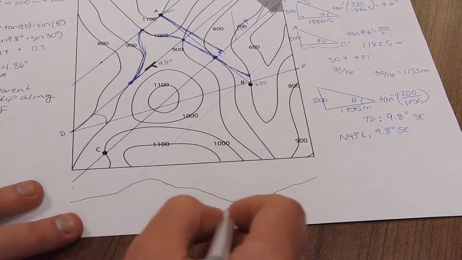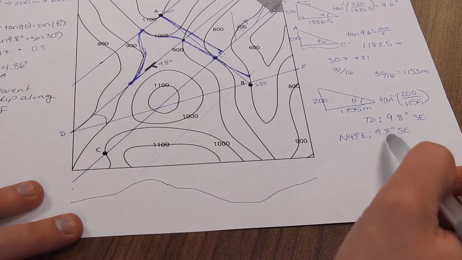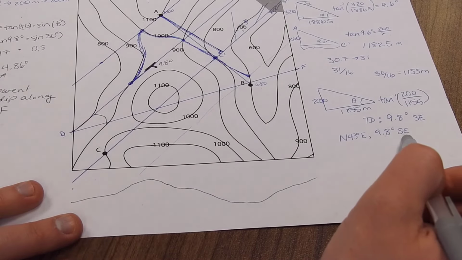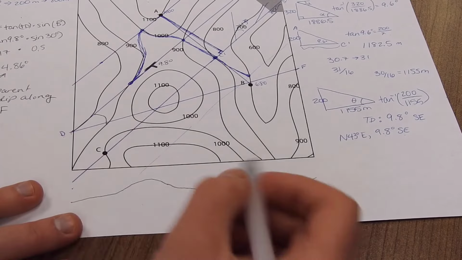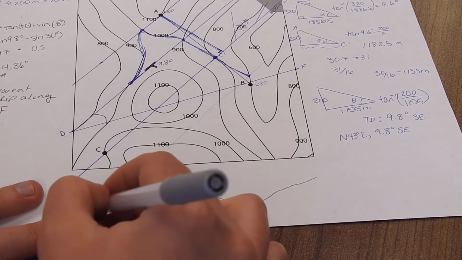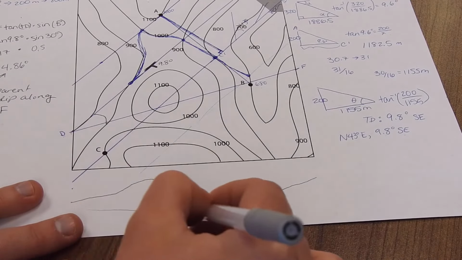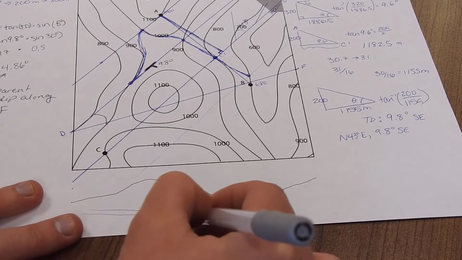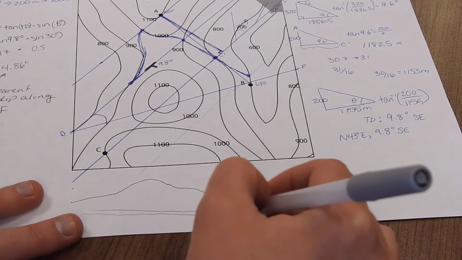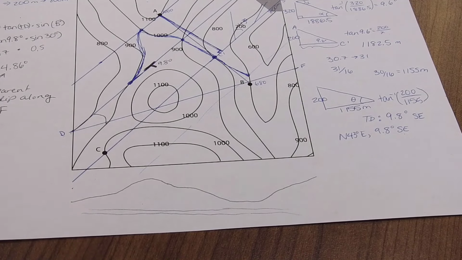Along D and F, we're probably below the surface. We're not going to use this true dip of 9.8. We would use the apparent dip of 4.8 degrees to the southeast. So that might be what we draw in. Hope that helps.